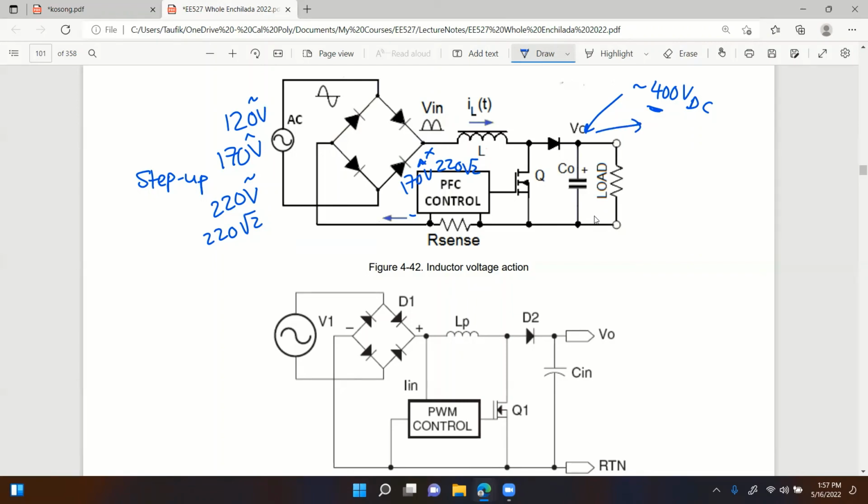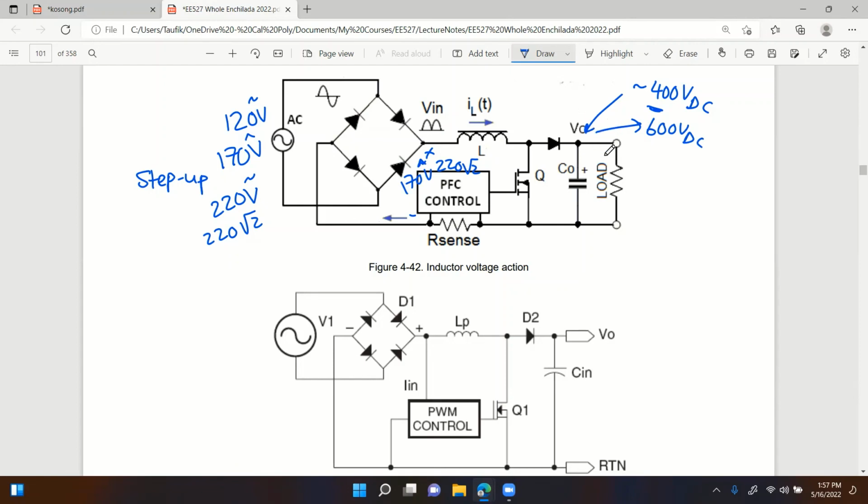Maybe as high as 600 volts at the output. That's a very high voltage, relatively speaking, of course. For a power supply, it is a high voltage. So that's one trade-off of having a boost converter. It will do the job in correcting the power factor, but at the cost of higher voltage at the output.